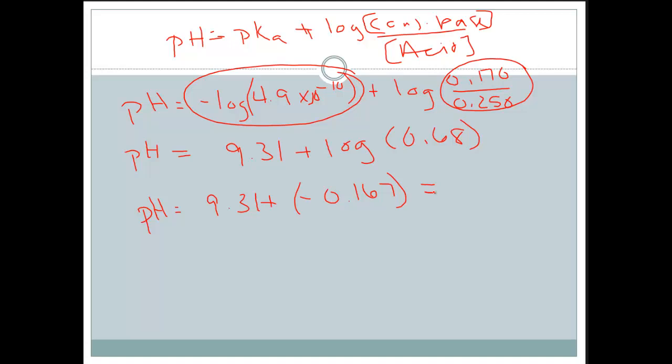The log of 0.68 is negative 0.167, and that comes out to be 9.14. And that's how to calculate the pH of buffer solutions using the Henderson-Hasselbalch equation.